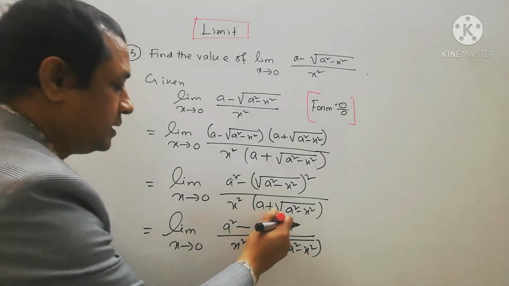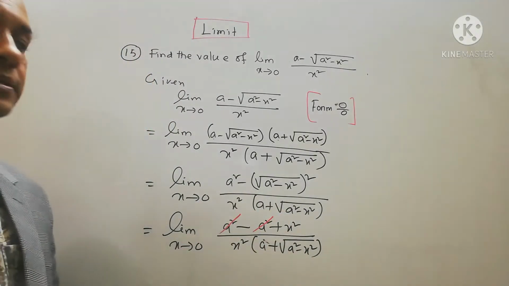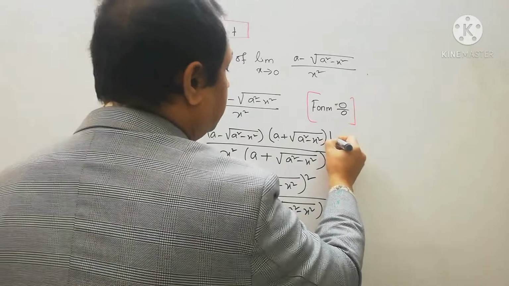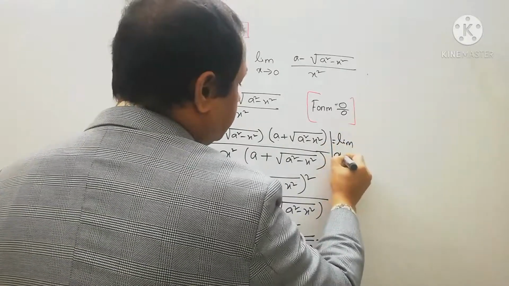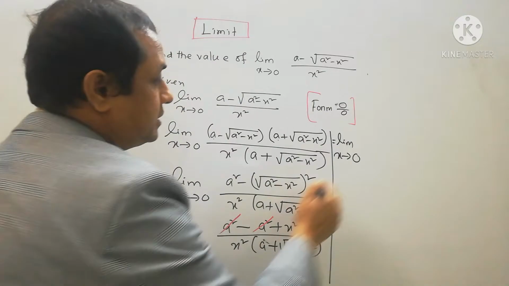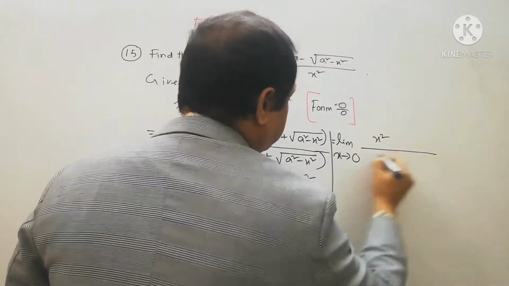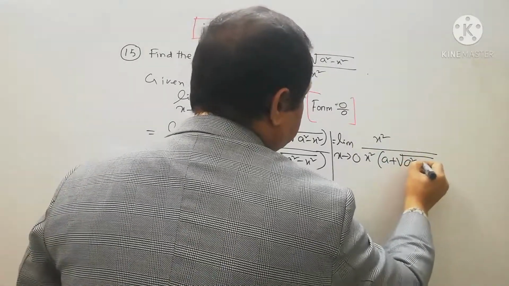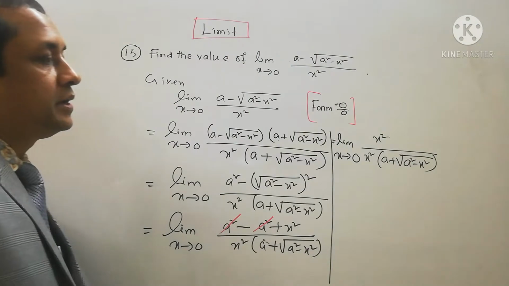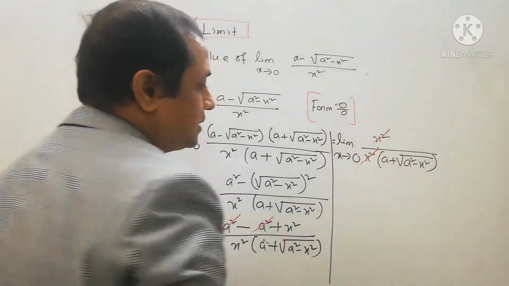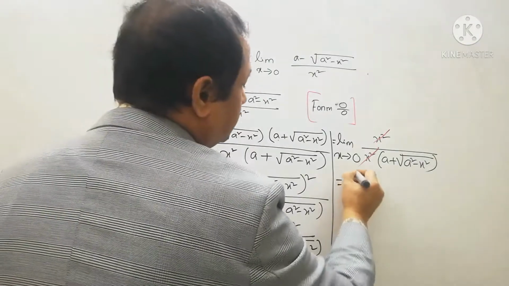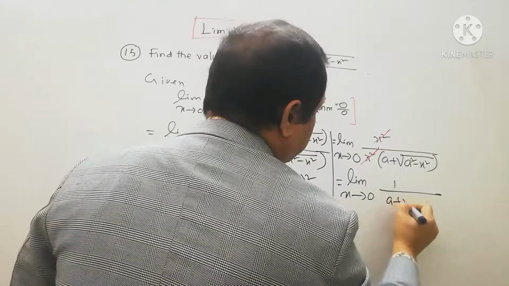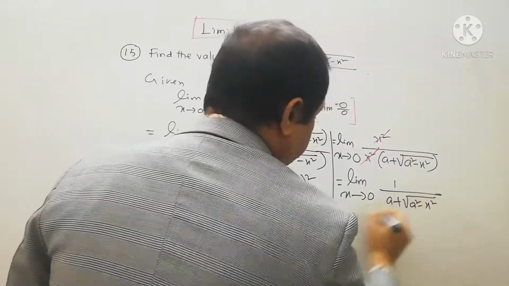So student, here a square and a square cancel, then we get limit x tends to 0, x square by x square into a plus root over a square minus x square, and now x square cancel, then we have limit x tends to 0, 1 by a plus root over a square minus x square.